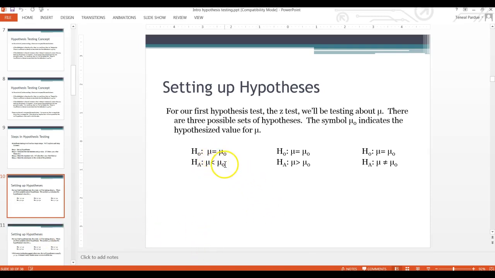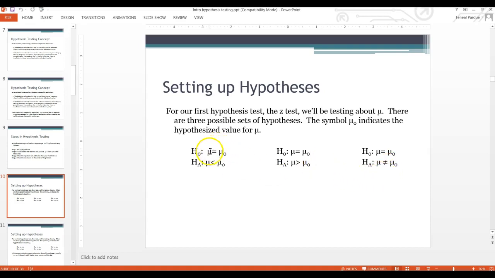Mu naught is a hypothesized value, like for our example with the pizzas, it might be 30. So mu equals 30 versus mu less than 30, or whatever mu naught is. Mu equals mu naught versus mu greater than mu naught, or mu equals mu naught versus mu not equal to mu naught.